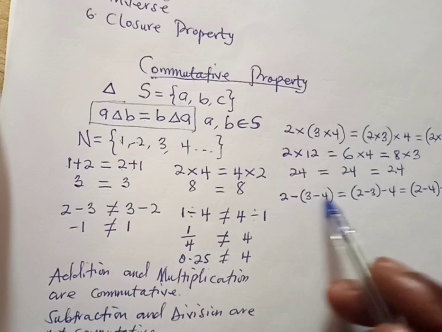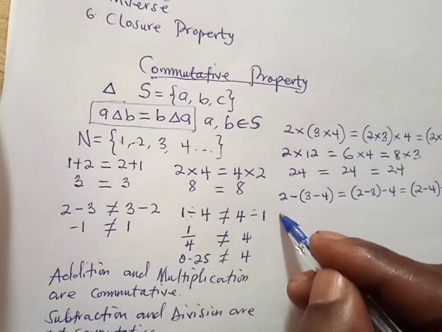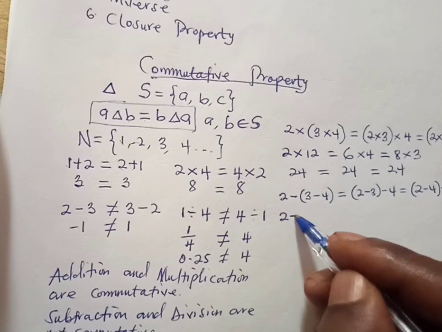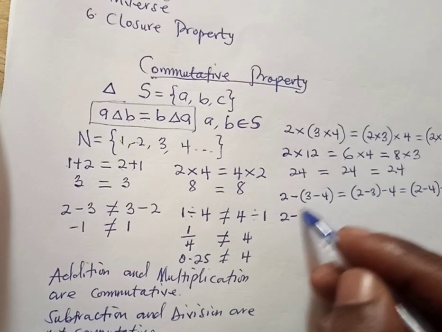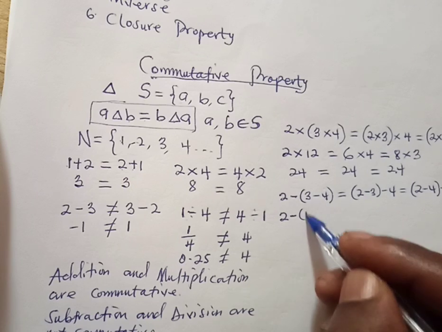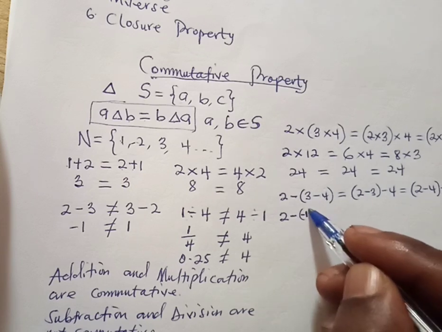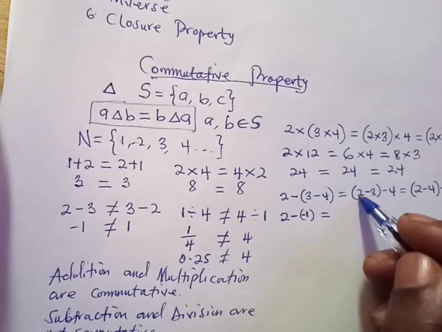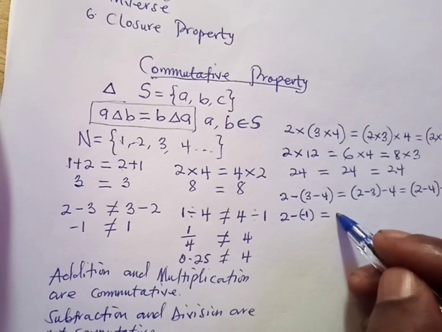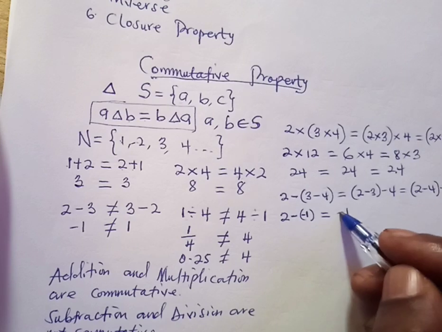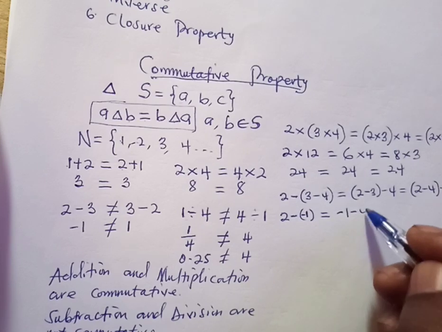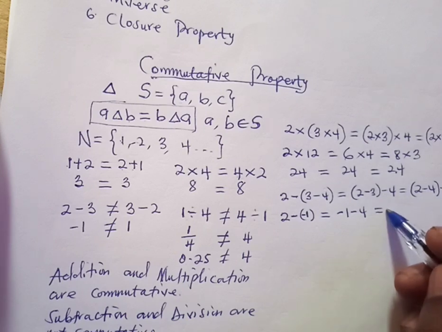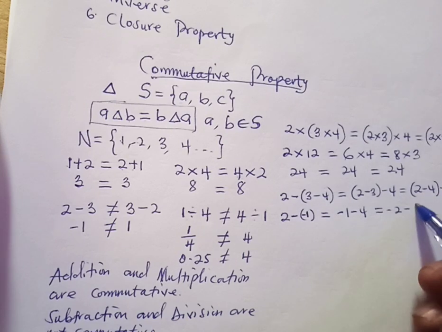So always we do what is in the bracket first. I have 2 and then minus. 3 minus 4 will give me negative 1, which is equal to, let's do what is in the bracket, 2 minus 3 also gives me negative 1, negative 1 minus 4, which is equal to 2 minus 4 gives me negative 2 minus 3.